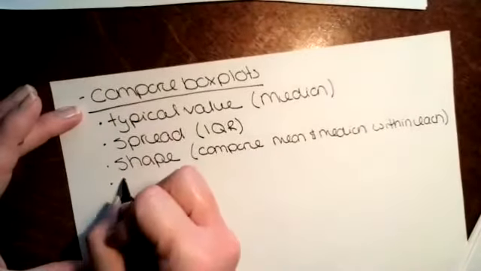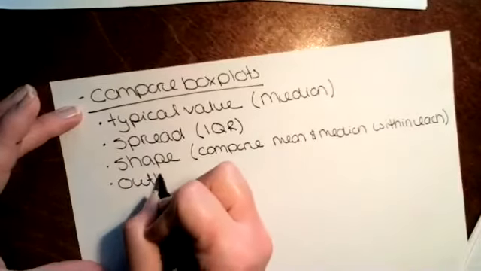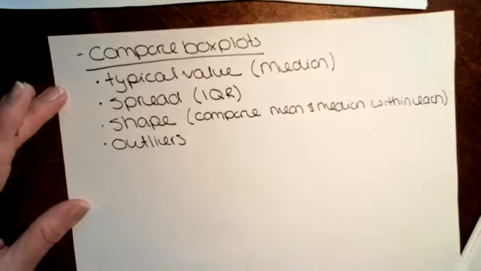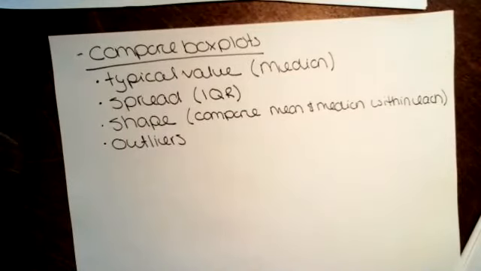And then, of course, if we have any outliers, you want to make sure you pay attention to those outliers and make a note of those. Some data sets have outliers. You may have multiple outliers, and then others won't have any outliers, and it's okay. It's just the way it works out. So it's just something we want to make a note of.